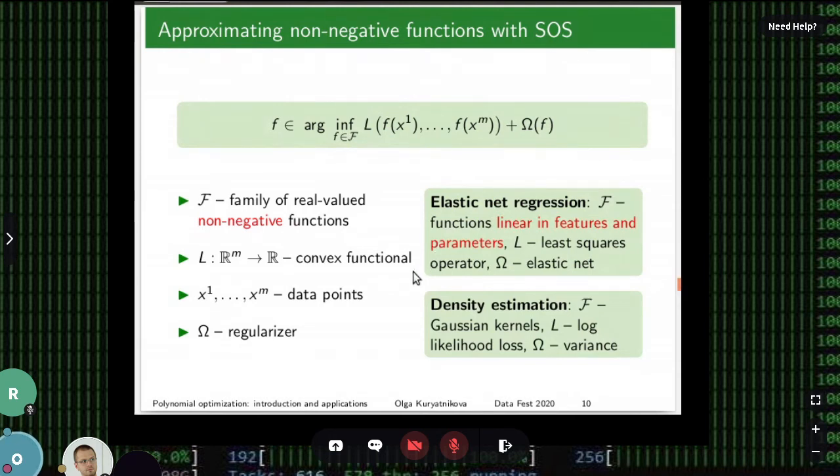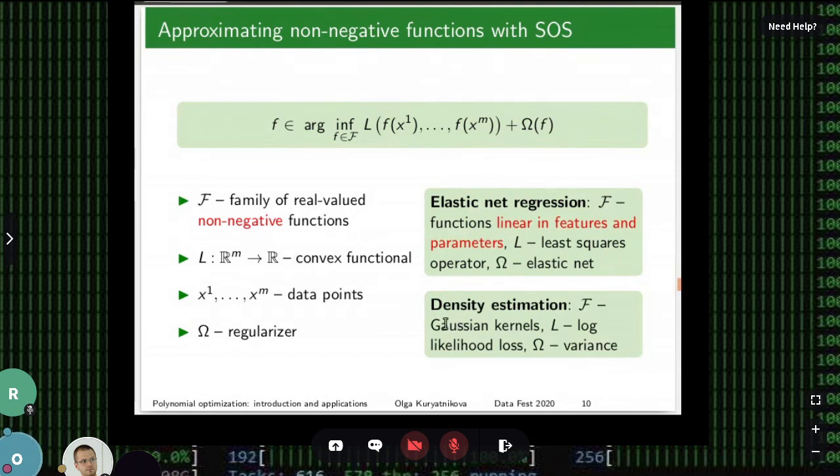However, there are cases where using functions which are absolutely linear, both in features and parameters, is not so easy. For example, a very popular example is estimation of density, because if we would like to estimate a density, then we have to consider our family F, which consists of non-negative functions. And therefore, we cannot just use the linear functions because they will be trivial.